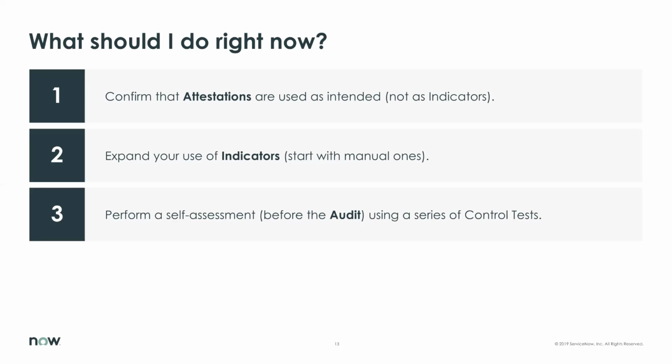If you think about, I've got the auditors coming in after the first of the year, use those control tests. Use the audit application to do a self-assessment. If you've got your attestations and your indicators in place, like Jan was talking about, I can now use this control test to look at the effectiveness of my controls in an engagement, execute those control tests, and find those issues before the third-party auditors come in.